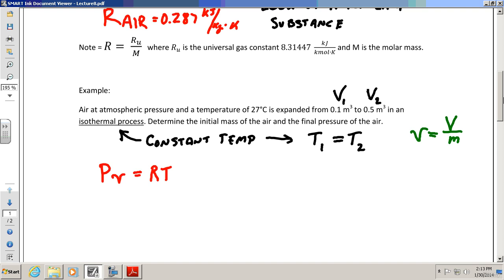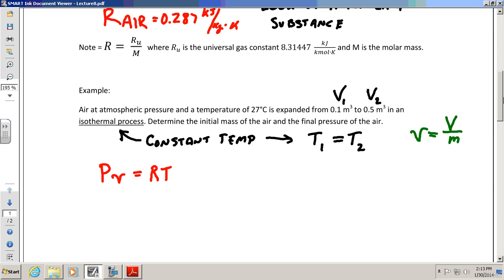So how about I make a little substitution? How about I substitute that formula for specific volume into the ideal gas equation that I'm given here? Okay, sounds good. And by the way, I'm working with air, so I want to use ideal gas. So I'm going to make that substitution.